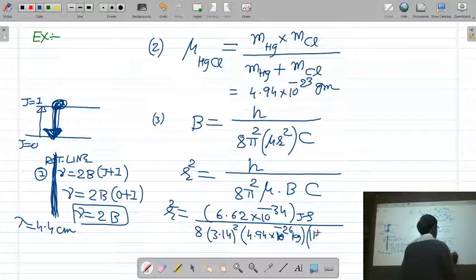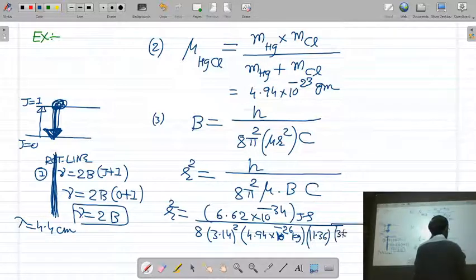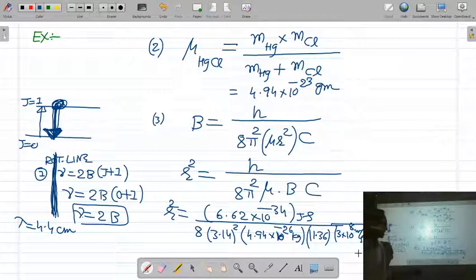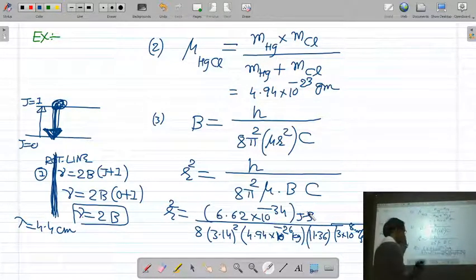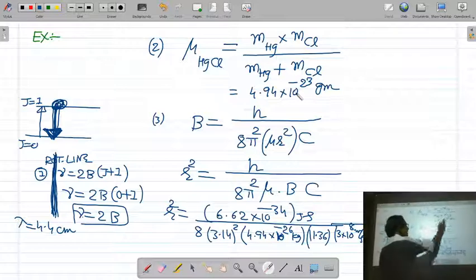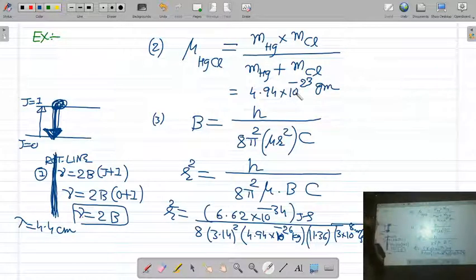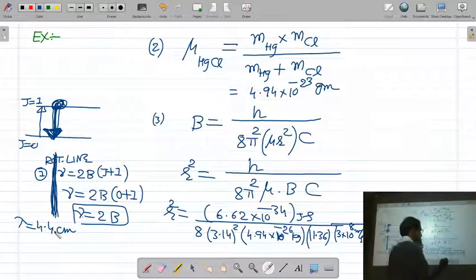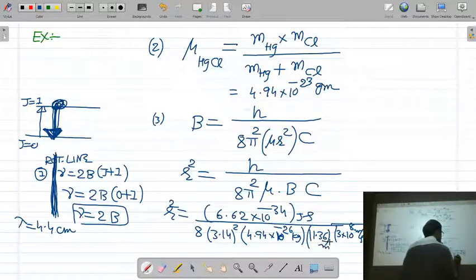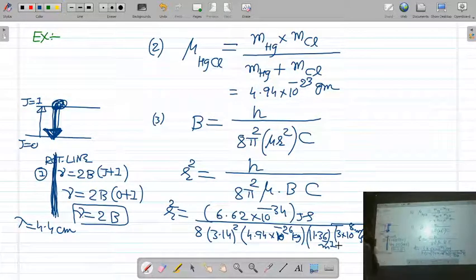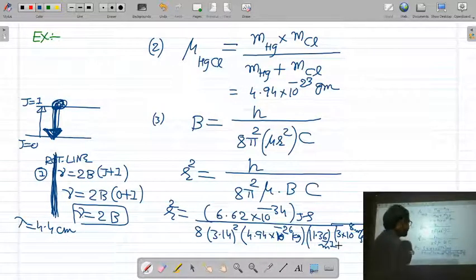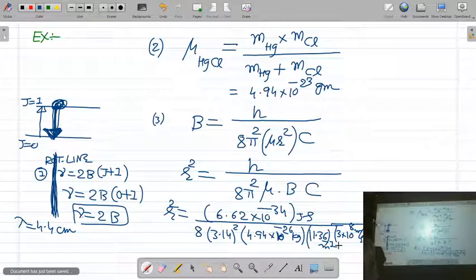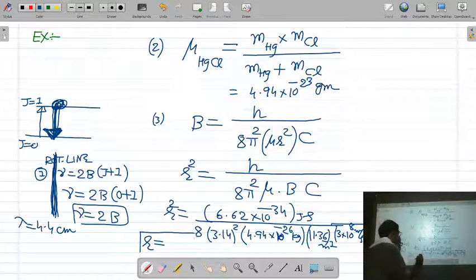The value of B we got is 11.36 meter inverse, and c is 3 into 10 to the 8 meter per second. So I have substituted all the values. The rotational constant B we obtained from the wavelength of the first rotational line. From this you can calculate the internuclear distance r for the HgCl molecule.